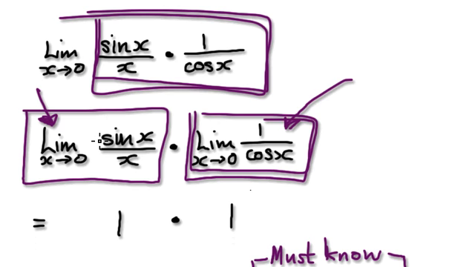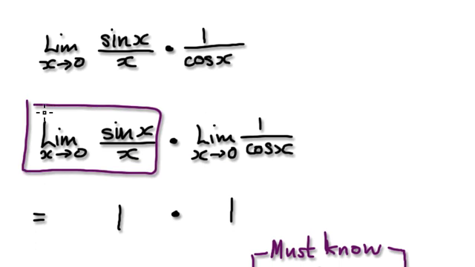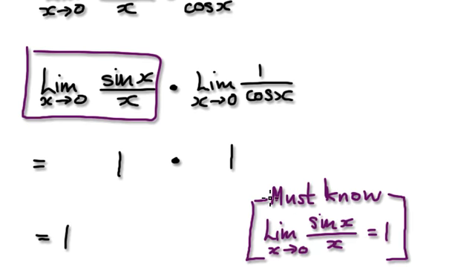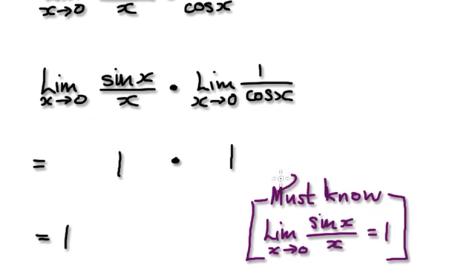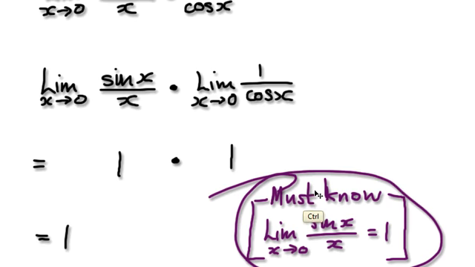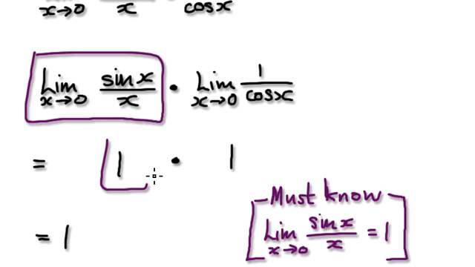So remember that you must know here that the limit of sine of x over x as x tends to 0 equals 1. And we've done many videos on this here, so you must know it by now. So the limit of this here is 1.